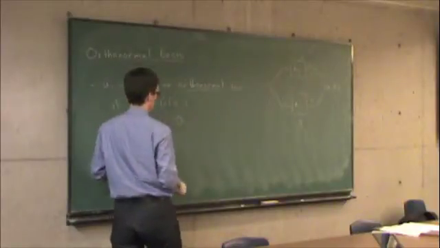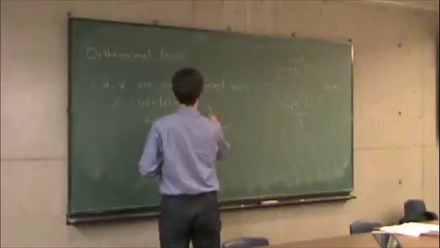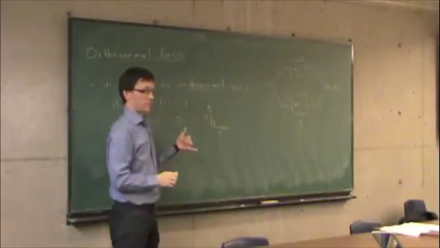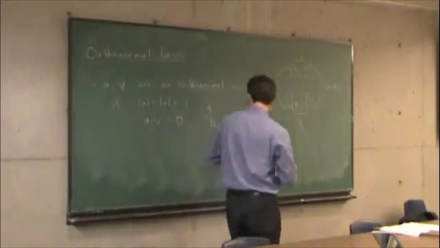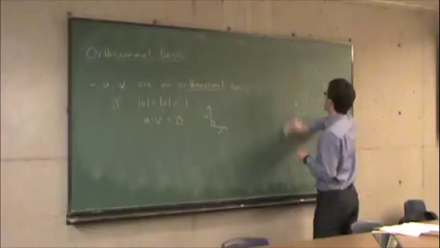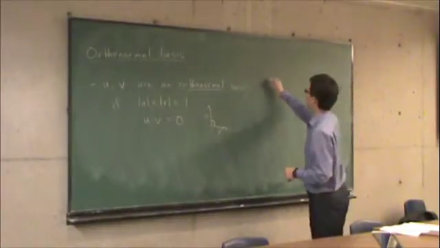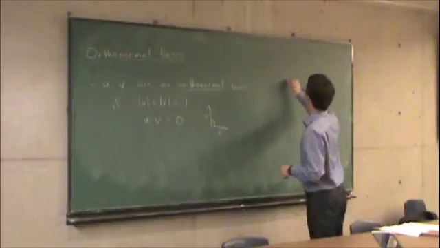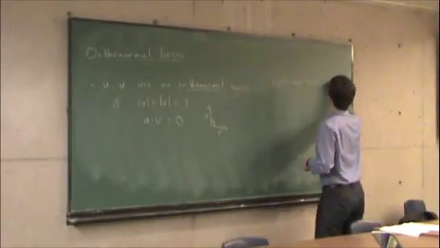In other words, they are orthogonal, and they both have unit length. As an example, the Cartesian basis is orthonormal.